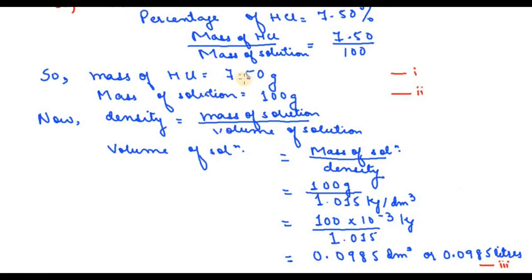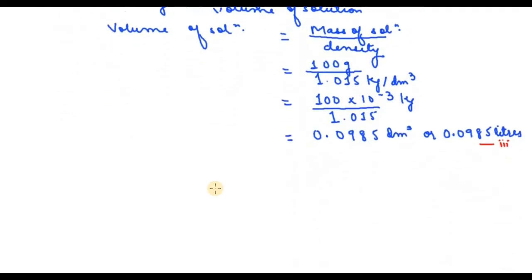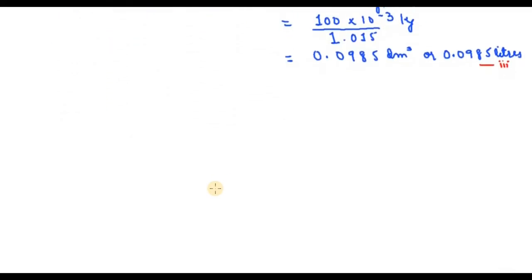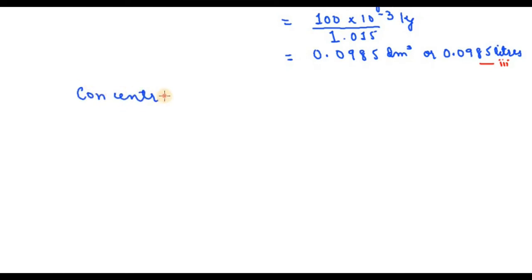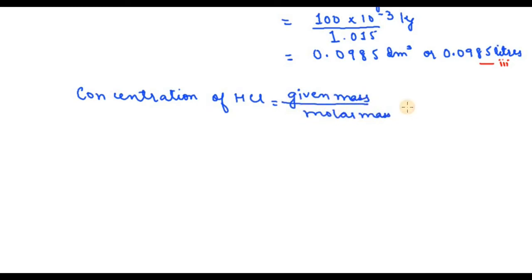Now we have mass of HCl and volume of solution. So we can easily calculate the concentration of HCl. Let's see how. We know concentration is equal to given mass over molar mass times 1 by volume of solution.